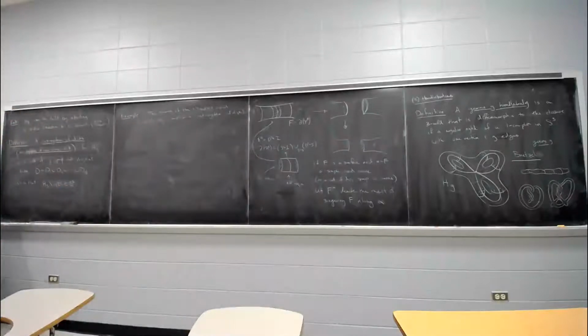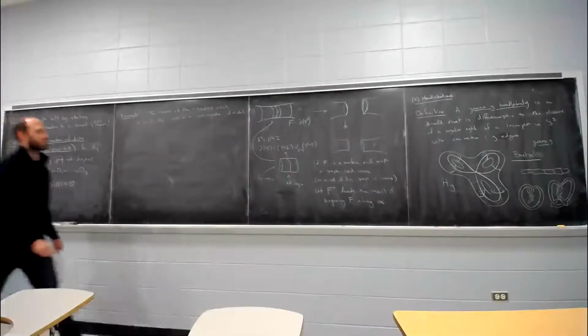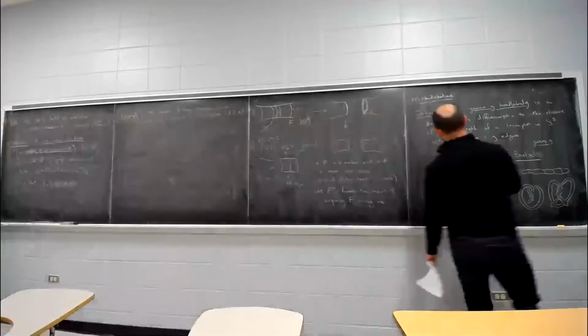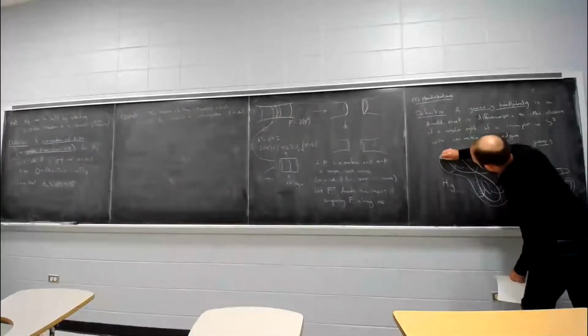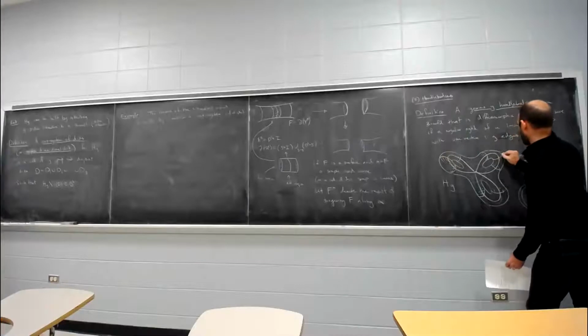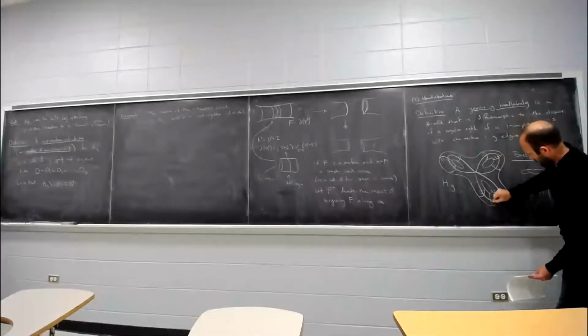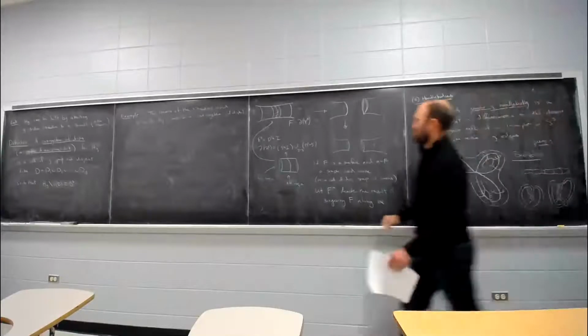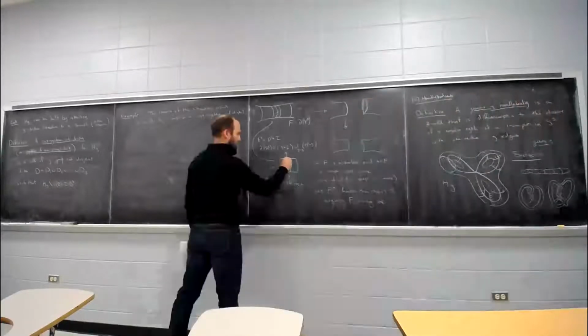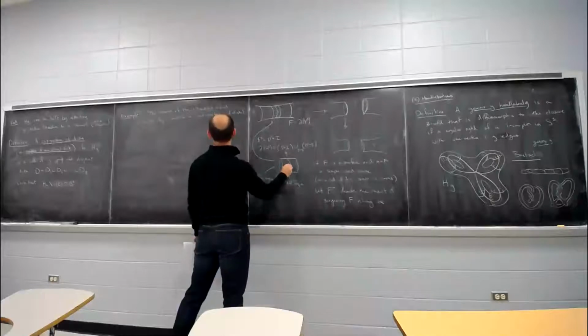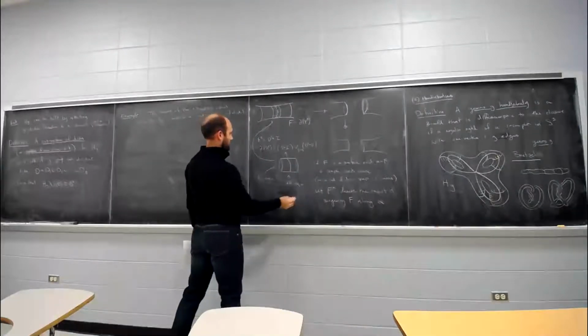So we come over here. The cocores, I guess, are going to be these guys up here. Just remember from this picture, this was a two handle, I risked my one handle.